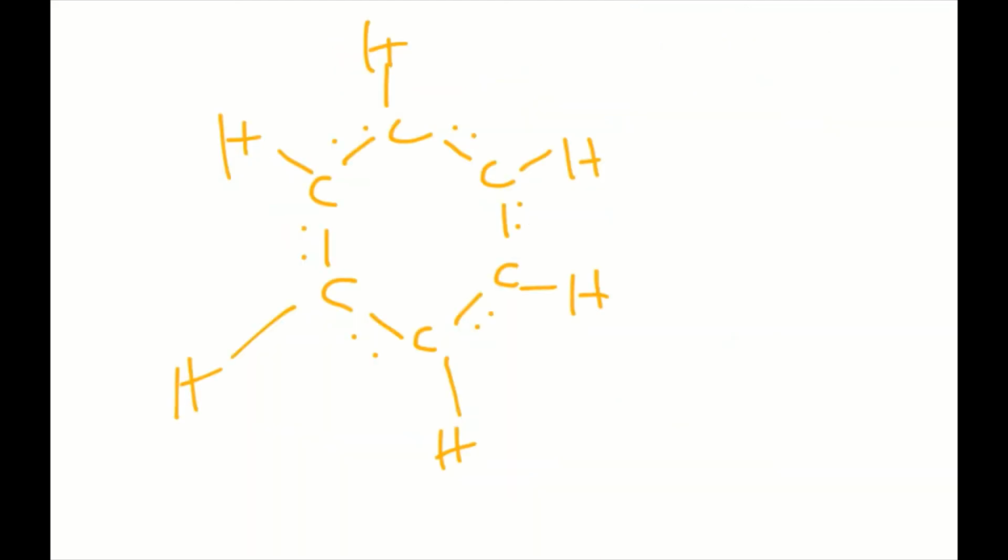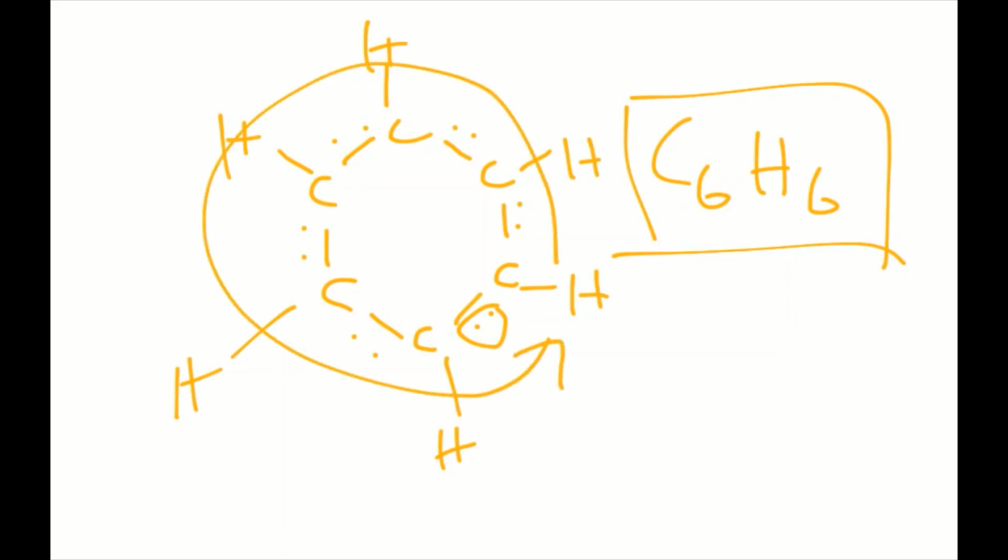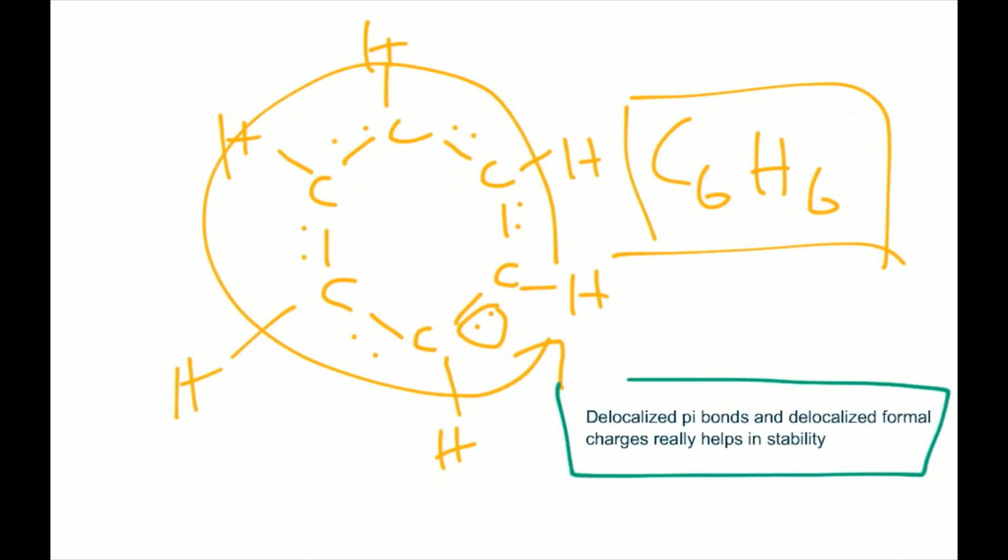And for this reason, something like benzene, C6H6, is a relatively stable compound since it has resonance, because these delocalized pi bonds are going all around the structure in order to stabilize it. So, in summary, delocalized pi bonds and delocalized formal charges really help in stability.